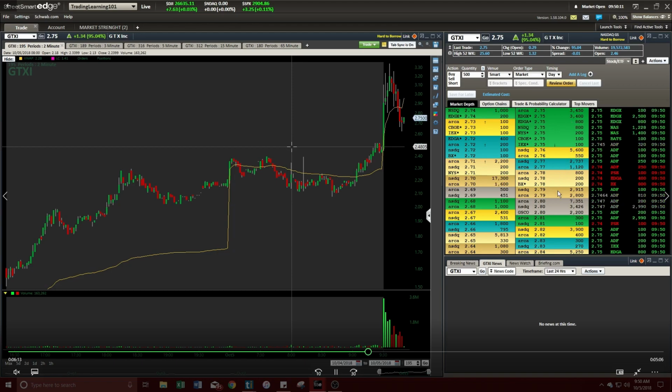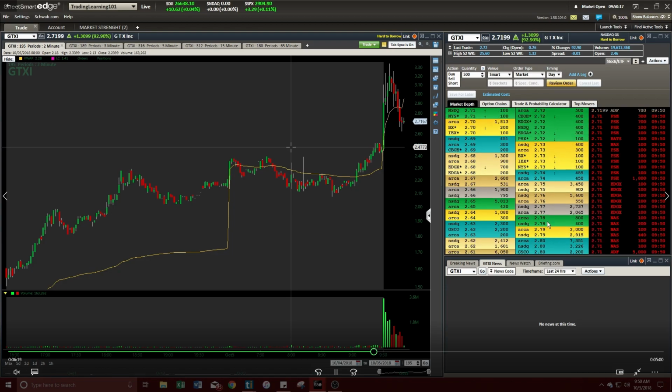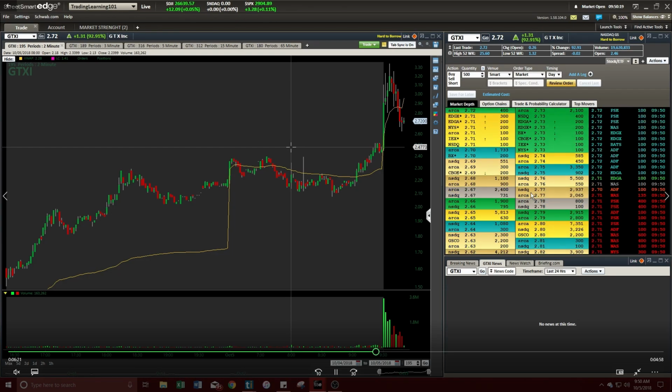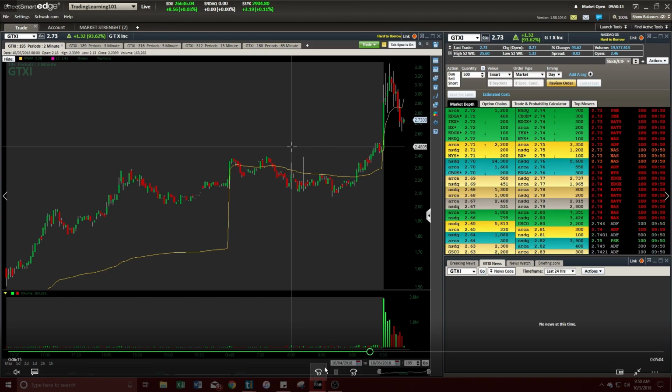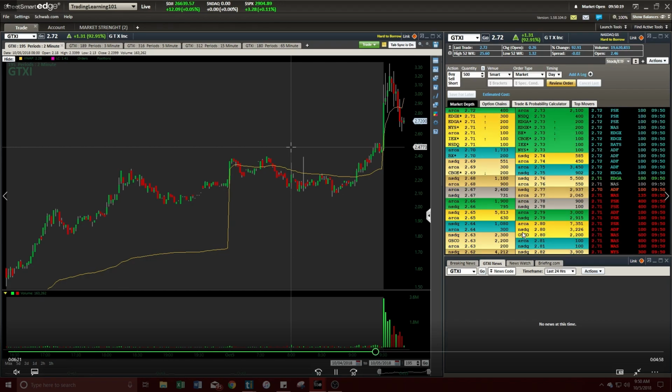And it comes down to 6,000 and it drops right back down. It couldn't eat it up. It doesn't have enough buying. And then you just seen 24,000 pop up here on the bid. Right here. At 270s.